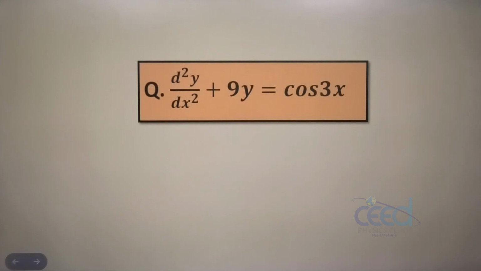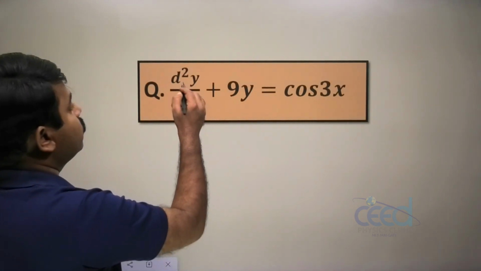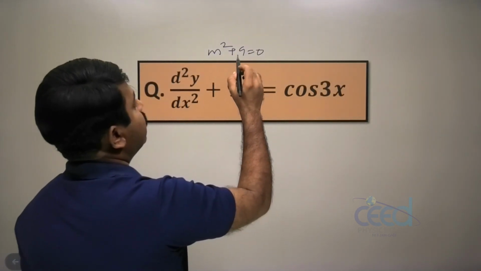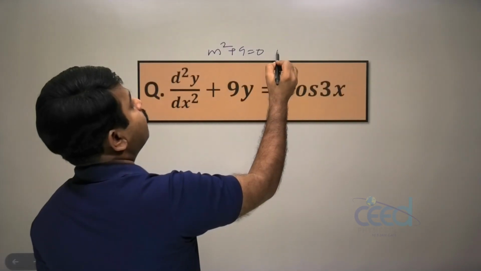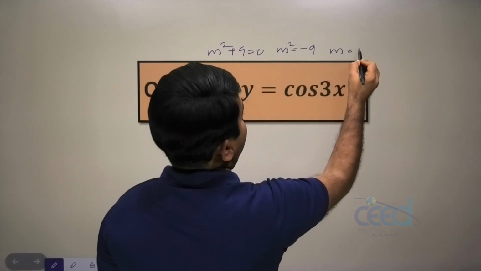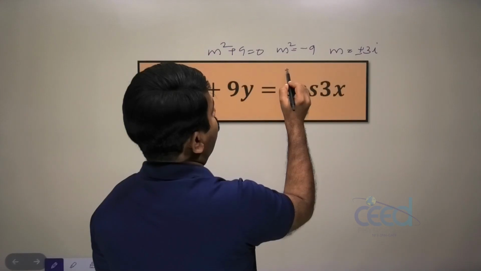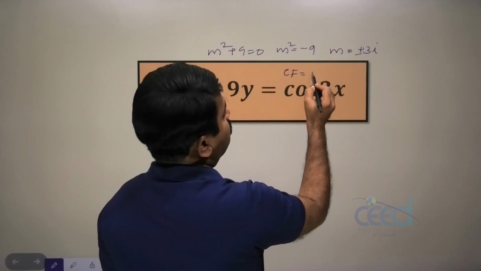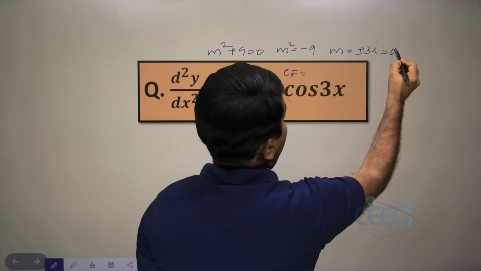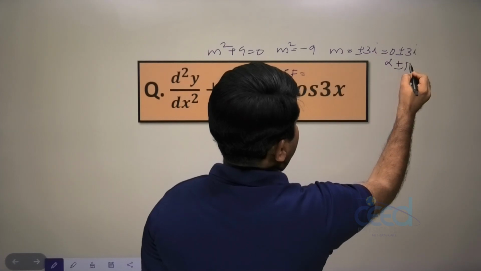See here one question given. First part is d square y by dx square plus 9y is equal to 0. Then you can write m square is equal to minus 9, then m is equal to plus or minus 3i. Then what is the solution? Complementary function is e raised to alpha x, this is 0 plus or minus 3i format, alpha plus or minus beta i.